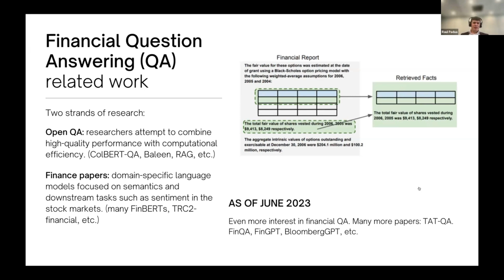And in finance papers, they were mainly used in domain-specific models to do sentiment analysis on the stock market. We saw many themed BERTs available back then.